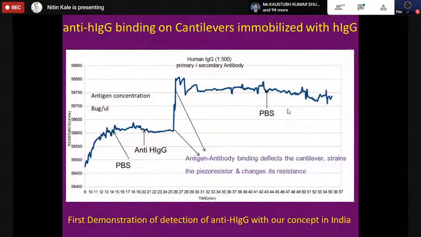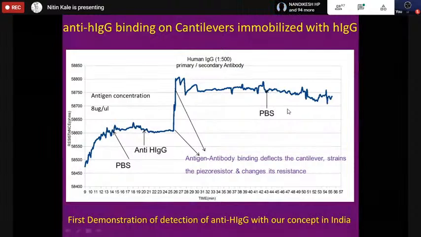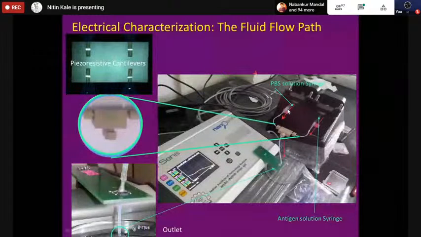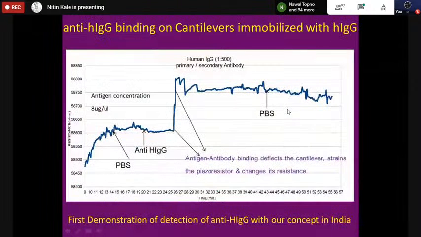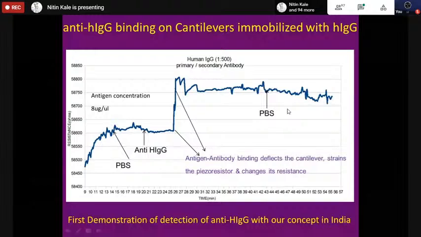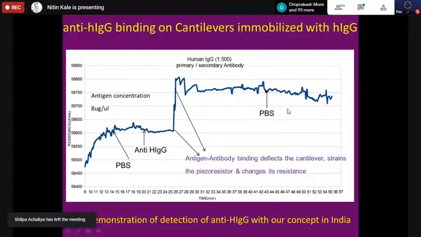So you flow PBS, over a period of time it stabilizes, then you push in the antigen. When you push in the antigen, it flows from here to here. It takes some time. And after some time, you will see that the cantilever has deflected. It indicates by a change in its resistance. So this is what we were looking at.